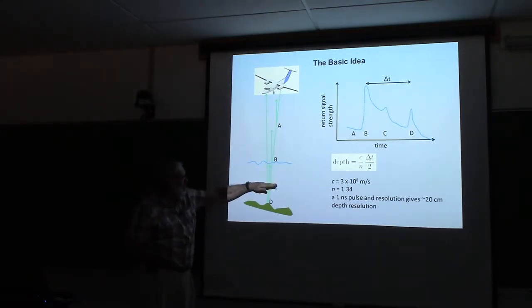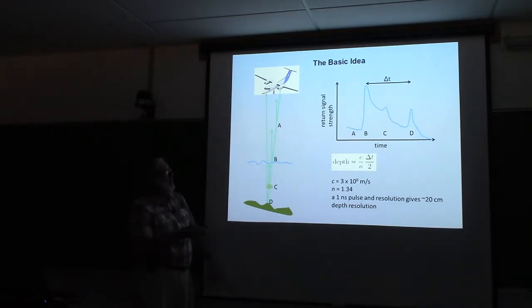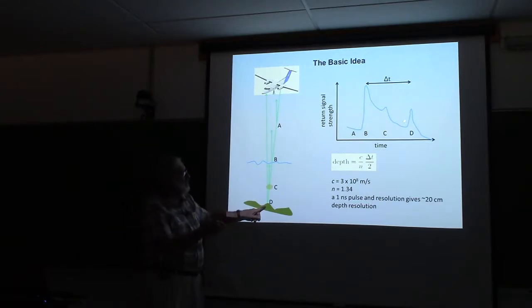If it's scattered here, it's going to be attenuated on the way back up, so the signal starts dropping off. But then maybe there's an object in the water, or a scattering layer, you get more scattering there, so all of a sudden you get a little more signal, a little beep here, and maybe it finally hits the bottom, which is probably brighter than the water column, and then that comes up, and sometime later, bang, you'll get a big signal off the bottom. So then you say, well, I know where the surface was, I got the signal from the bottom or from the scattering layer, and so how deep was the bottom?